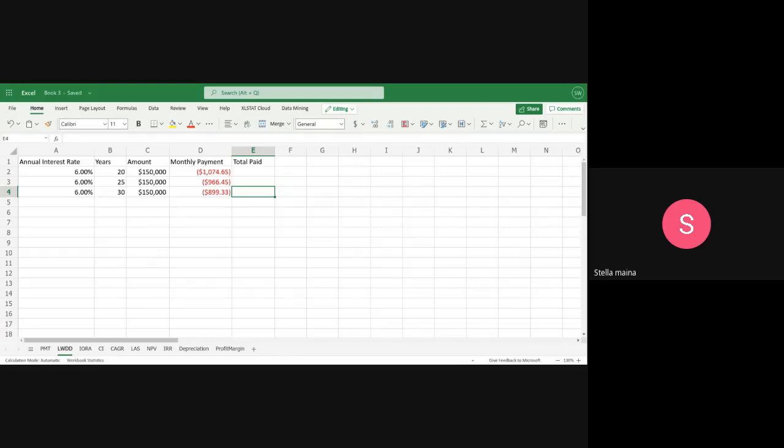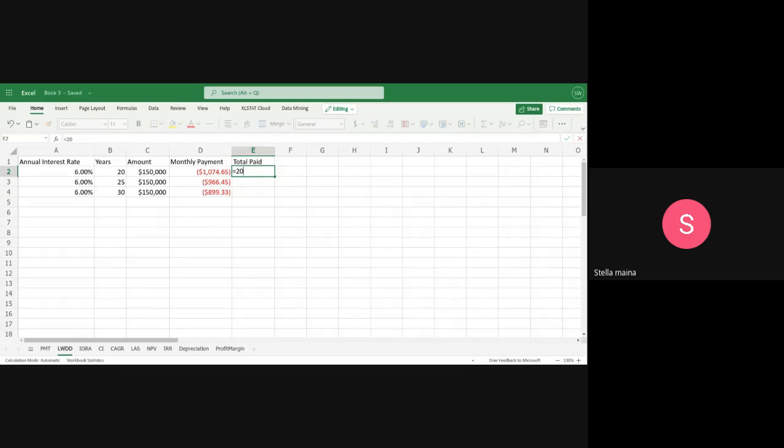So let us find how much money was paid for each loan. What's the total amount paid for each loan? We are going to multiply the duration by the monthly payment. Our duration is in years, so we are going to turn that into months and then multiply with the monthly payment.